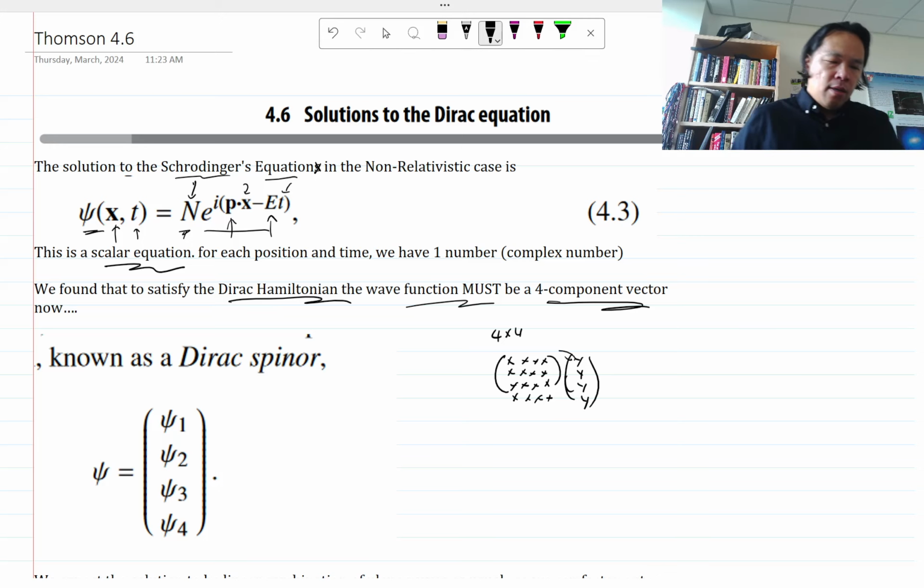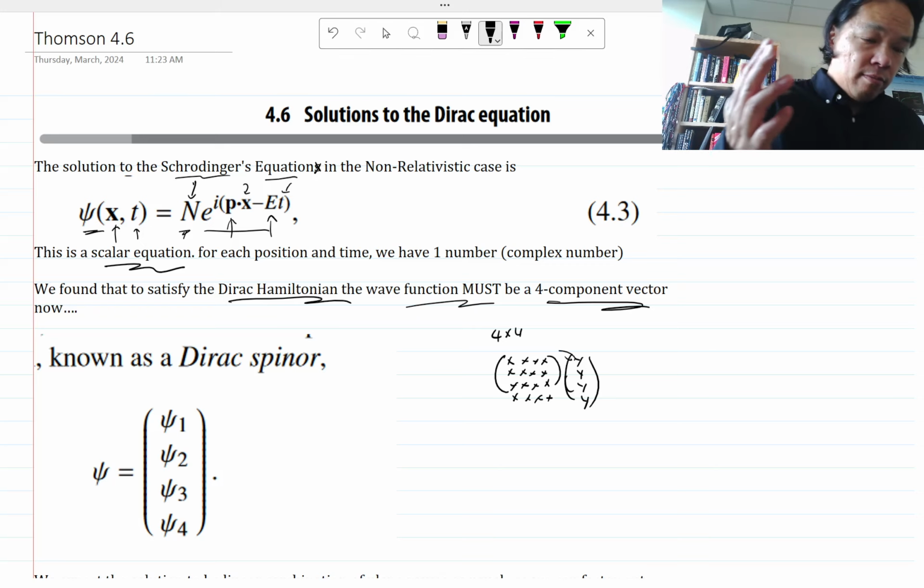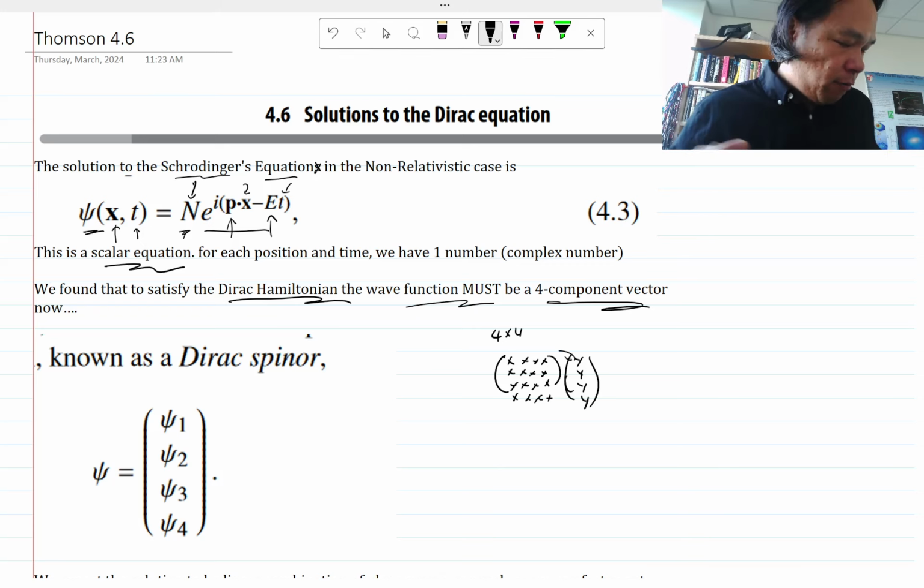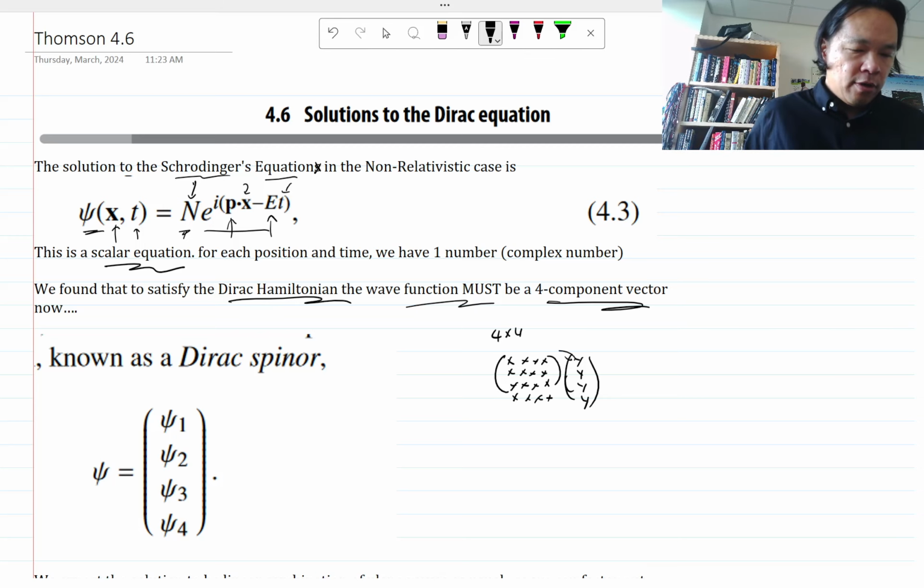The mathematics basically forces us to think about the wave function as these 4 component Dirac spinors, which is written down here. So instead of just a regular psi, we have psi 1, psi 2, psi 3, psi 4.